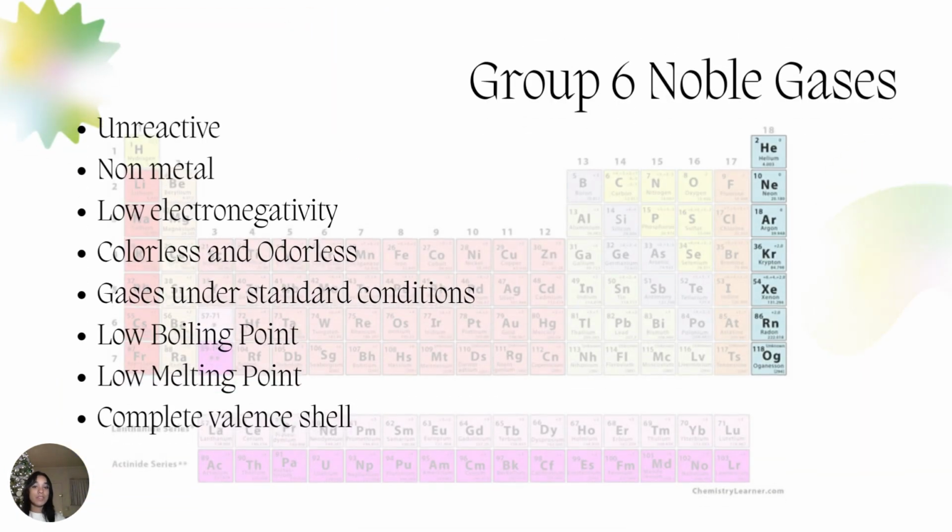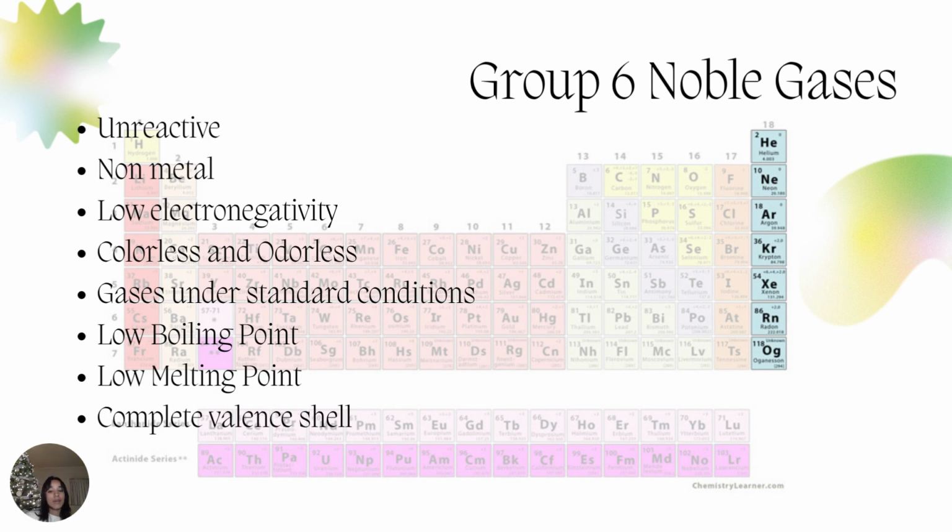Okay. Our last group is going to be the noble gases, the very most right column of the periodic table. These include helium, neon, argon, krypton, xenon, radon, and oganesson. That's a long word, but it is there. They are going to be unreactive nonmetals.